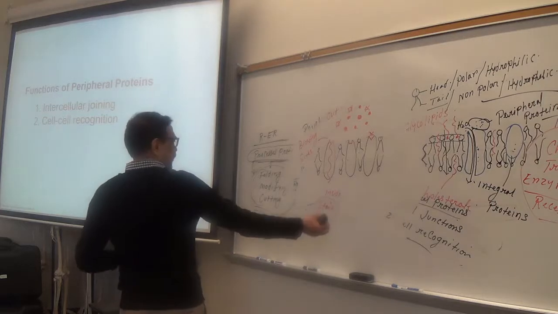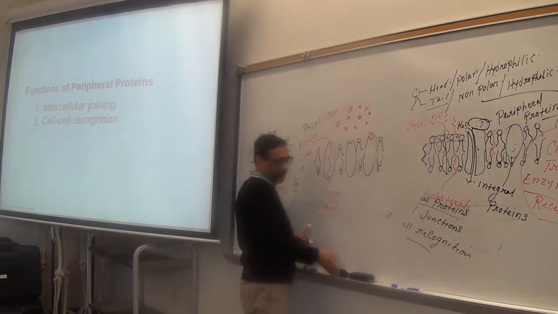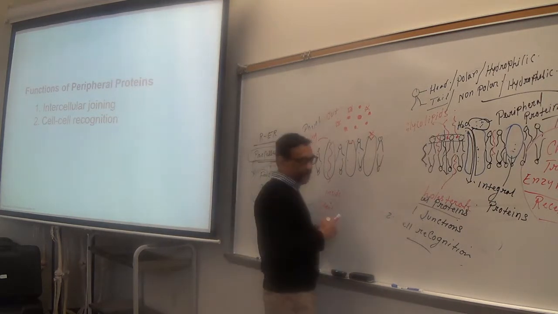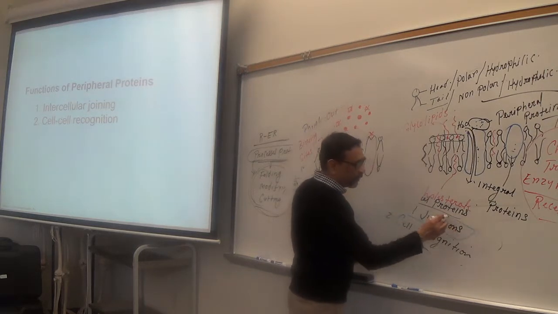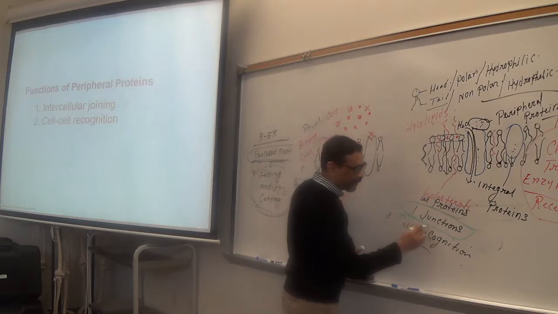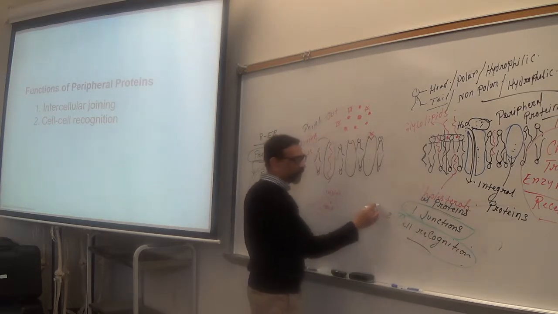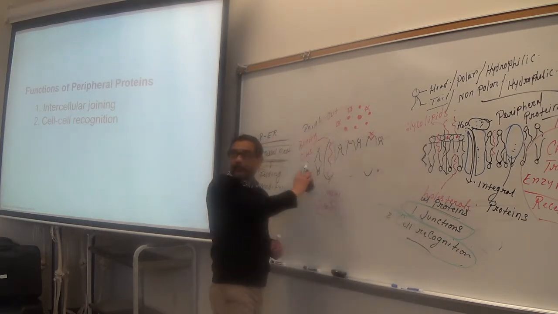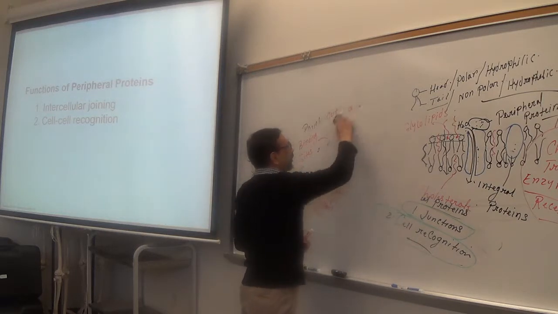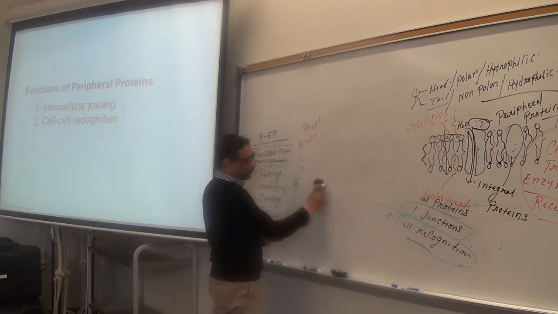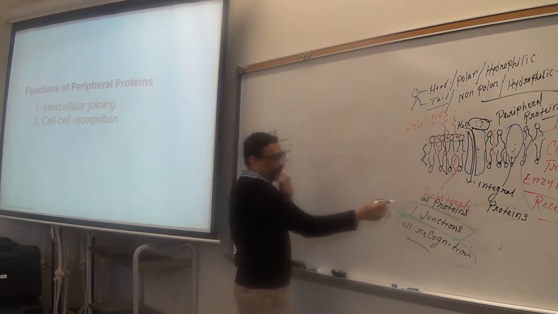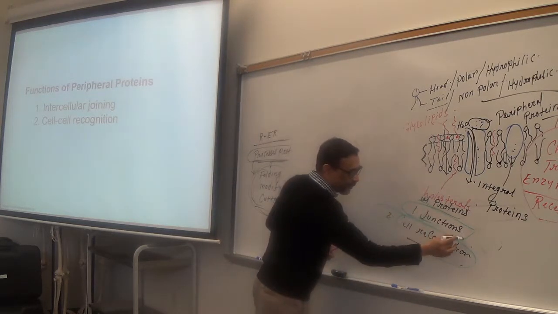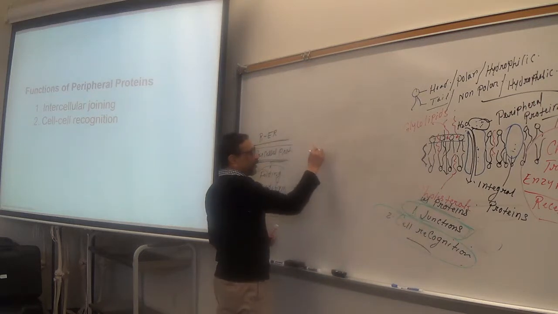Now, peripheral proteins perform two important functions, there are more, but these two are very important. One is to form junctions, another is cell recognition. Let me talk about that, then we'll stop. So peripheral proteins form junctions.